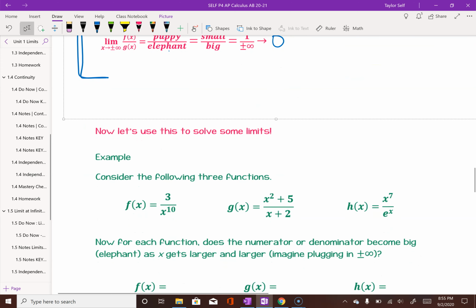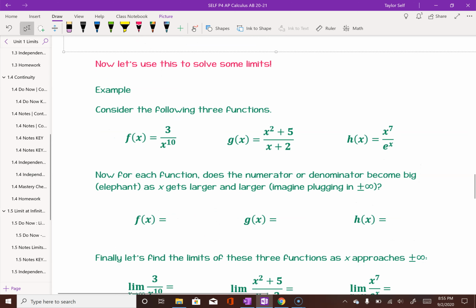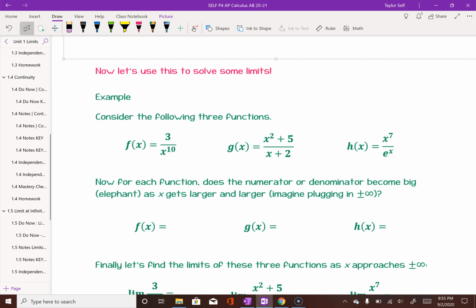Okay, so now let's use this to solve some limits. Get these examples down. So consider the following 3 functions. And I want you to write down all 3 functions. Now for each function, does the numerator or denominator become big as x gets larger and larger? And we're going to imagine plugging in plus or minus infinity.